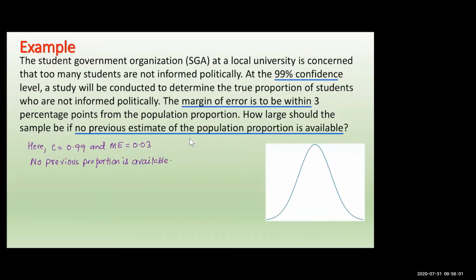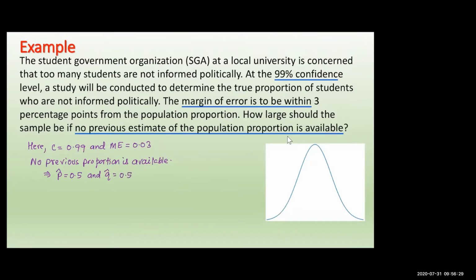If we have no idea about the previous proportion of the population, about whether they are politically informed or not, we consider 50-50%. Meaning, p hat is equal to 0.5. We assume that 50% of the students are politically informed, and the remaining 50% are not.